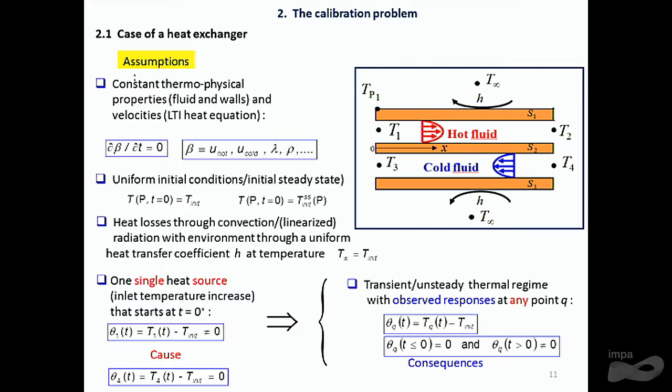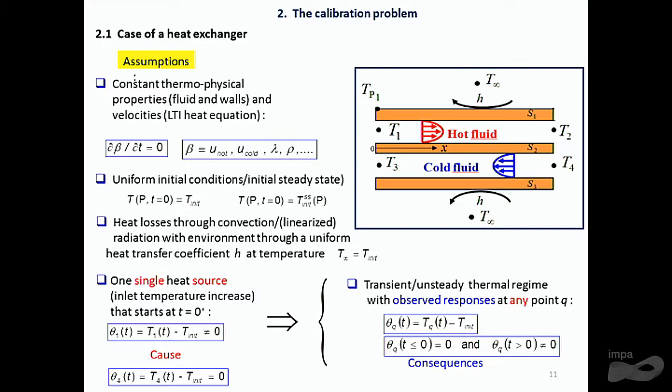Here you have a hot inlet flow going this way, you have 2 walls, and on the other side, for example in the other direction, a cold fluid going there, and the objective is to transfer the highest possible level of heat from the hot fluid to the cold fluid. So you have 4 inlet-outlet points: inlet of the hot and cold fluid, and outlet of the hot and cold fluid.